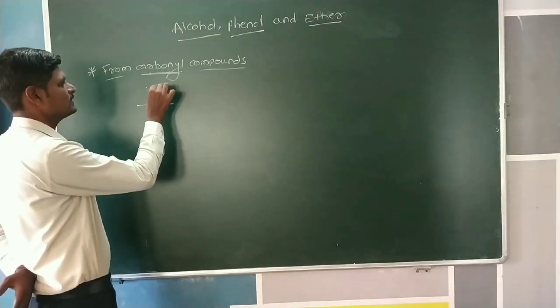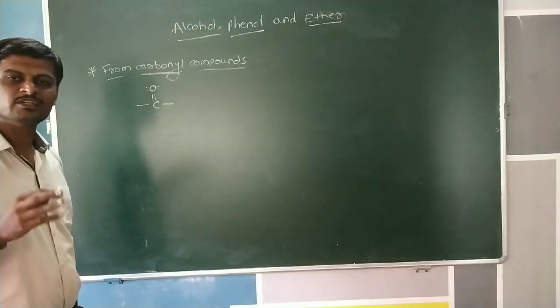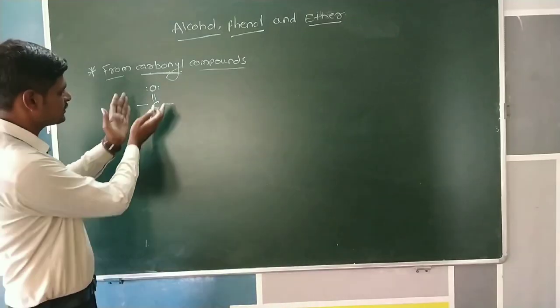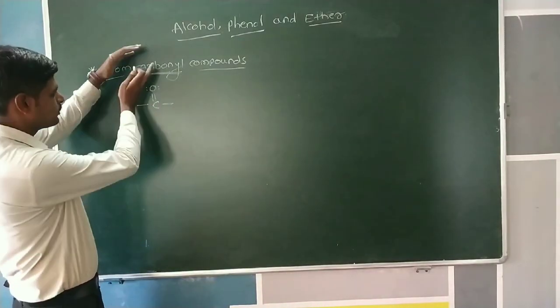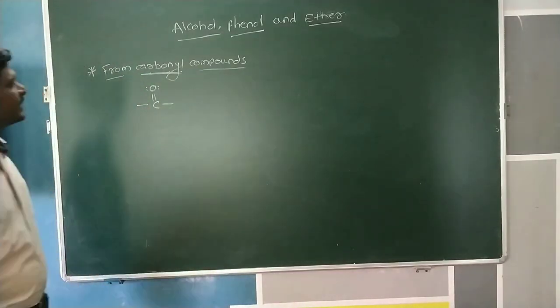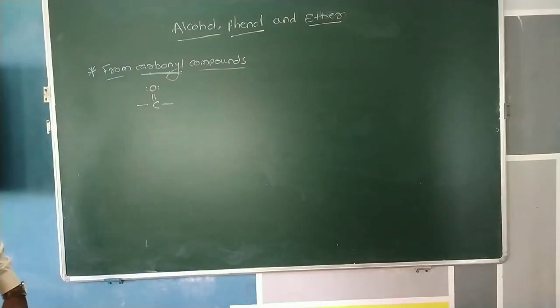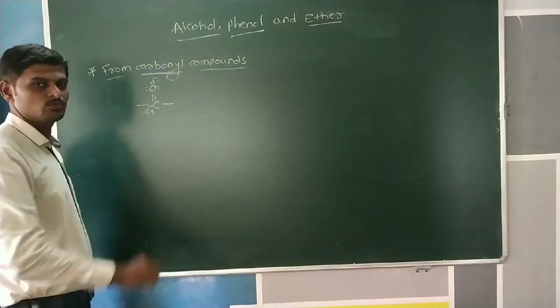The oxygen atom carries a lone pair, and it shows electronegativity, therefore this oxygen attracts the shared pair of electrons towards itself and acquires a partial negative charge, and this carbon shows a partial positive charge.